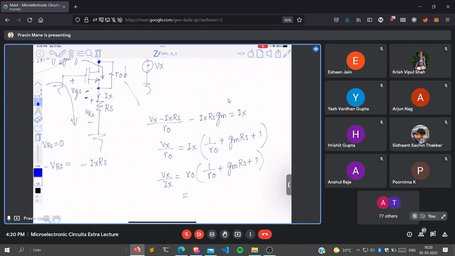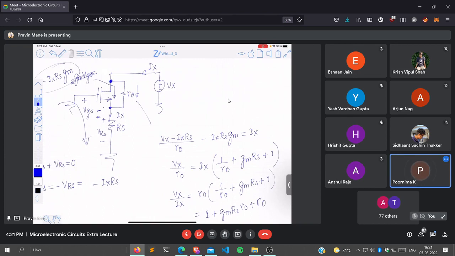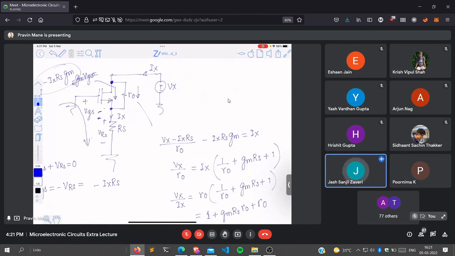So if I multiply it inside, it will be 1 plus gm RS RO plus RO. Is anything missing? I have missed it here. Sir, RS should be RS by RO.